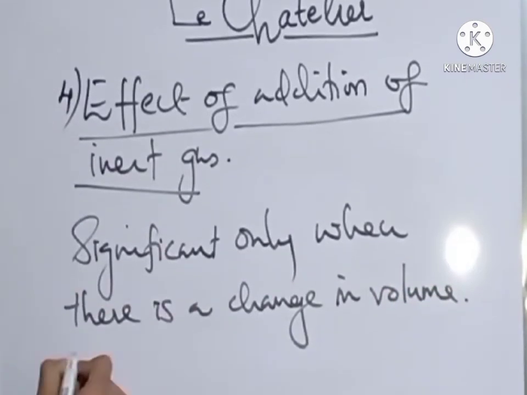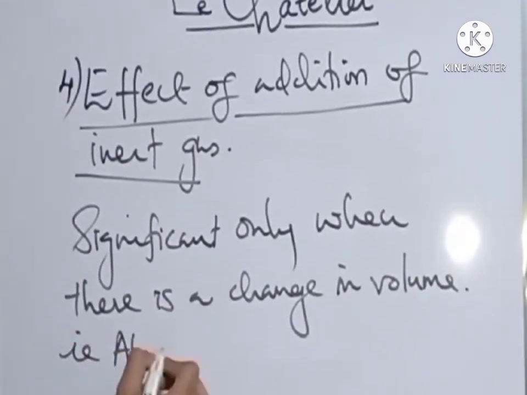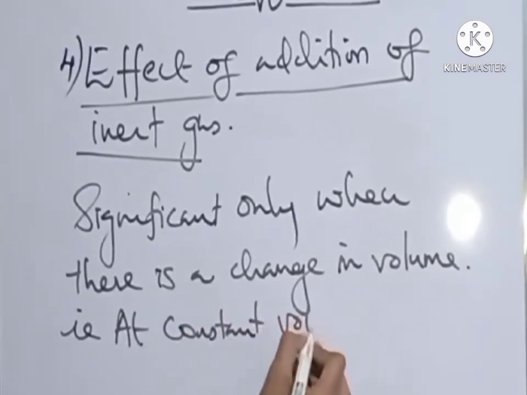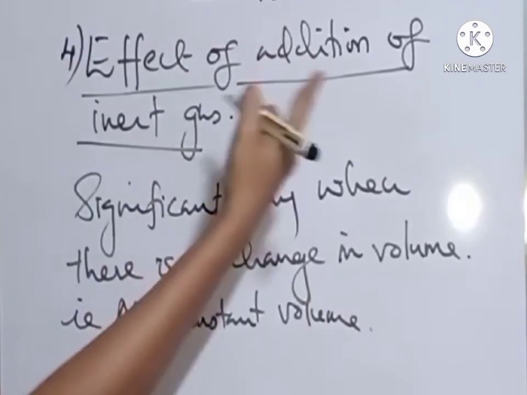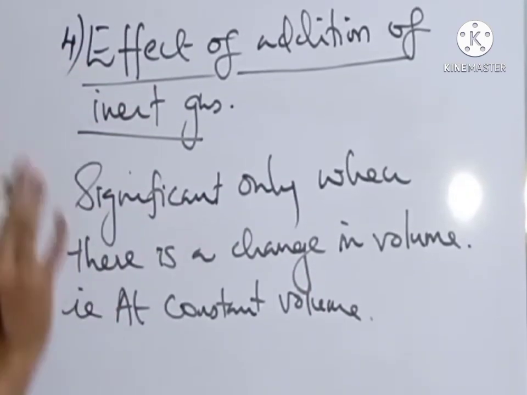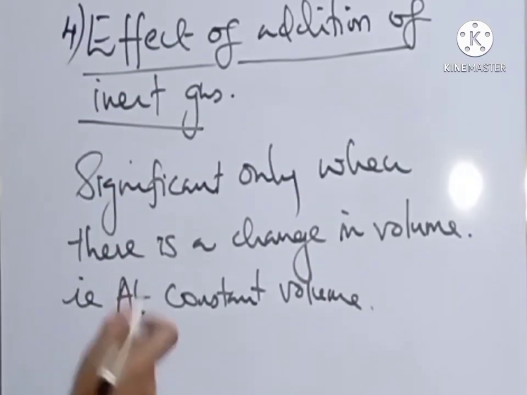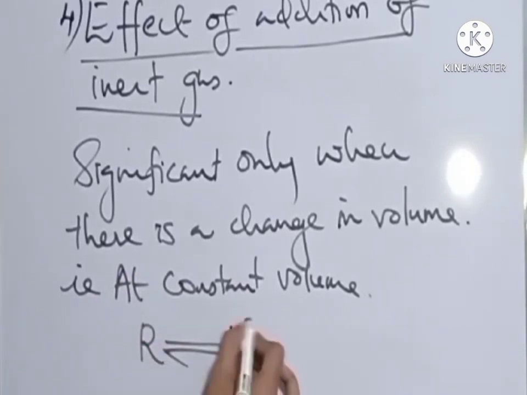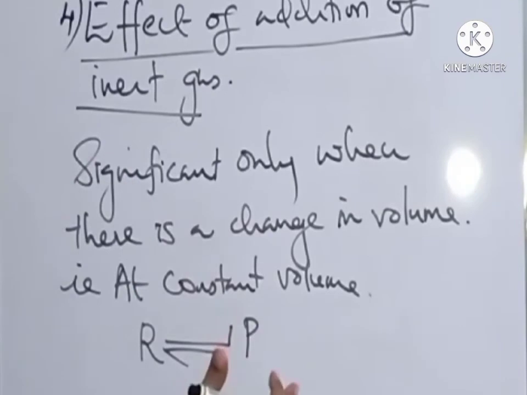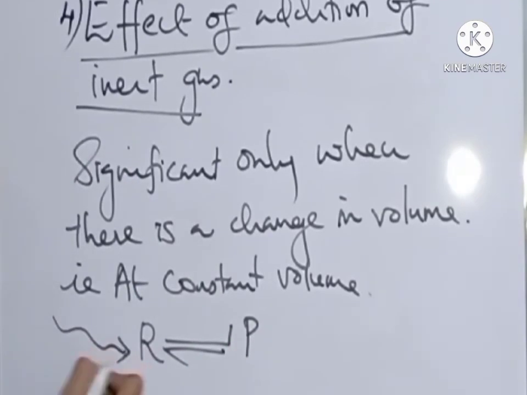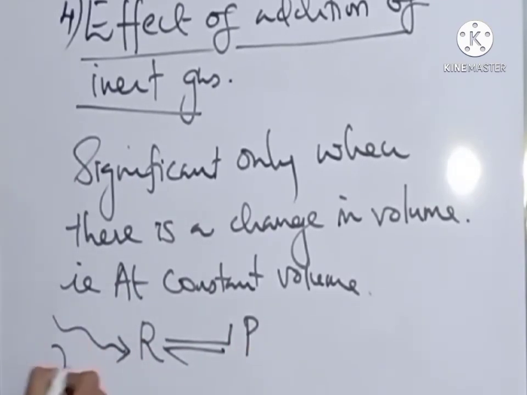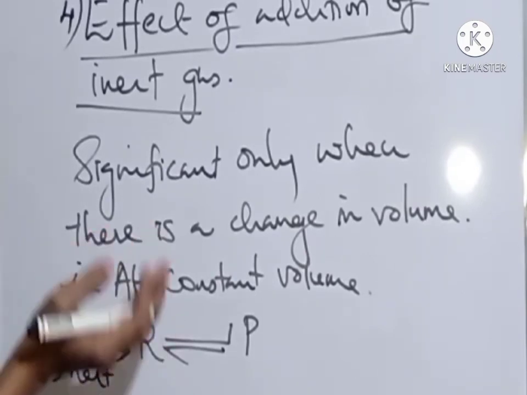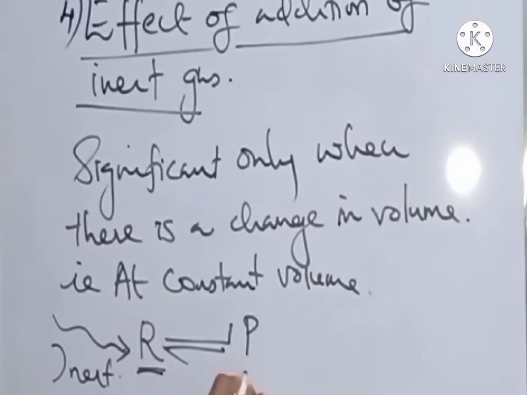That is, at constant volume, the inert gas will not affect the equilibrium. For example, R giving P. At constant volume, if we add inert gas into this reaction, there is no change in the concentration of reactant and product.